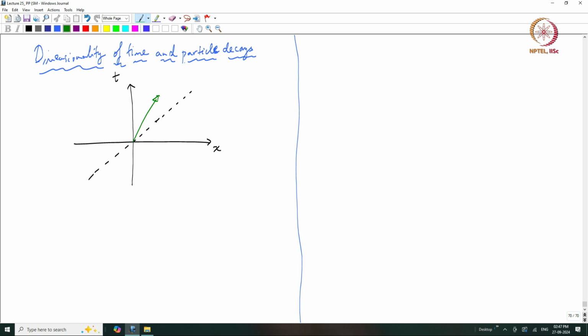I can use this as the metric, or rather the space-time interval. Let me write it in blue. This is dt squared minus dx squared. I am writing it in an infinitesimal form, but of course, you can integrate it to get the actual length. So, this is the Minkowski space.